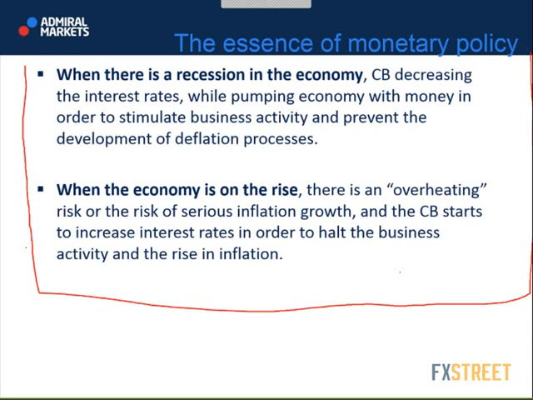Now, in contrary, when the economy is on the rise, there is an overheating risk, or the risk of serious inflation growth, and the central bank starts to increase interest rates because their job is to halt the business activity and the rise in inflation.